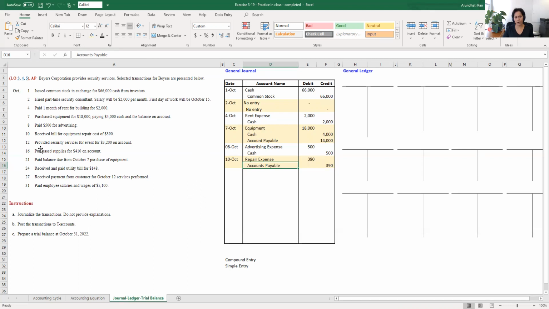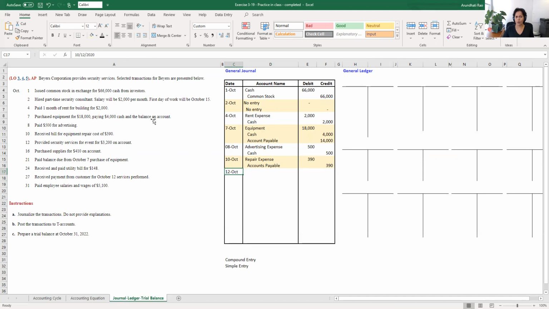On the 12th, I provided security services for an event for $3,200 on account. I provided services. So this is what I got into business for. I have earned $3,200. Did I get cash? Right now, the answer is no, because it's on account.